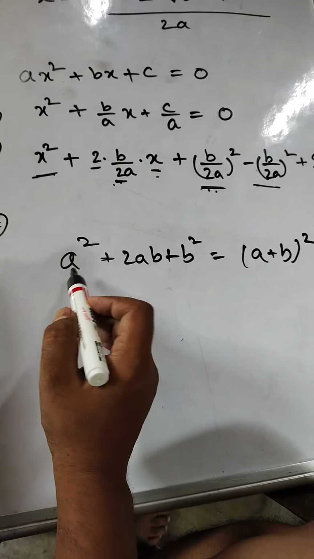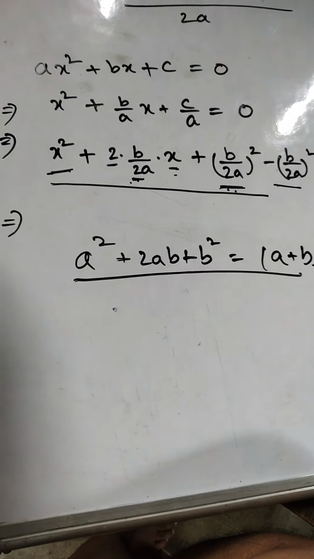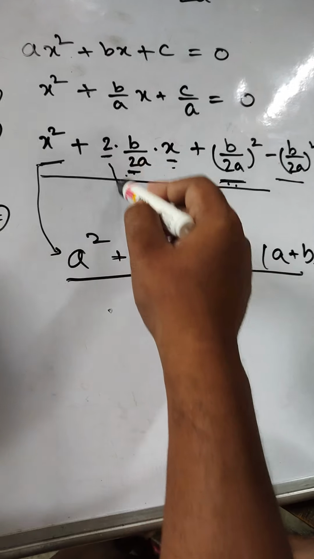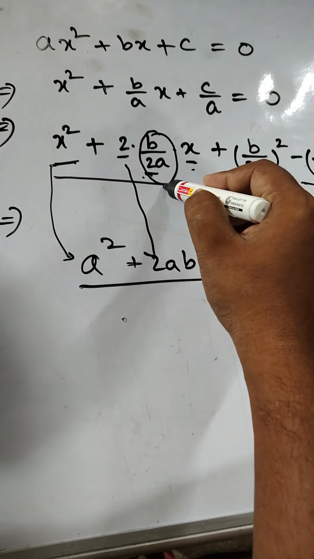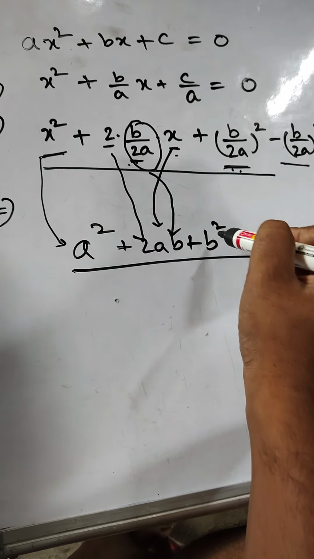So if you compare this formula with this, simply x square is equal to a square, 2 is as it is 2, and this b by 2a is considered as b and x is a, and b by 2a whole square is equal to b square.